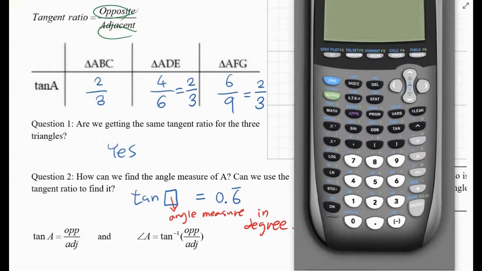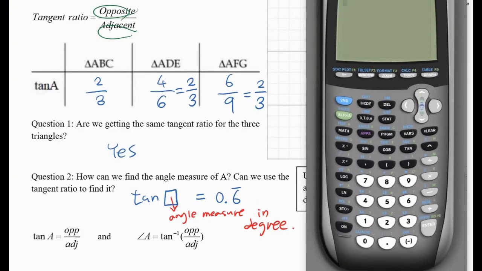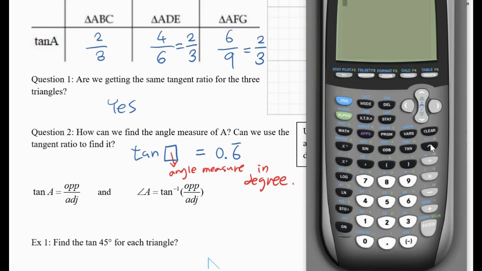Get out your calculator, and I want you to find the sine, cosine, tangent buttons. I have my sine, cosine, tangent buttons right here. Make sure your mode is not radian, it should be degree mode, right? Then hit the tangent button.